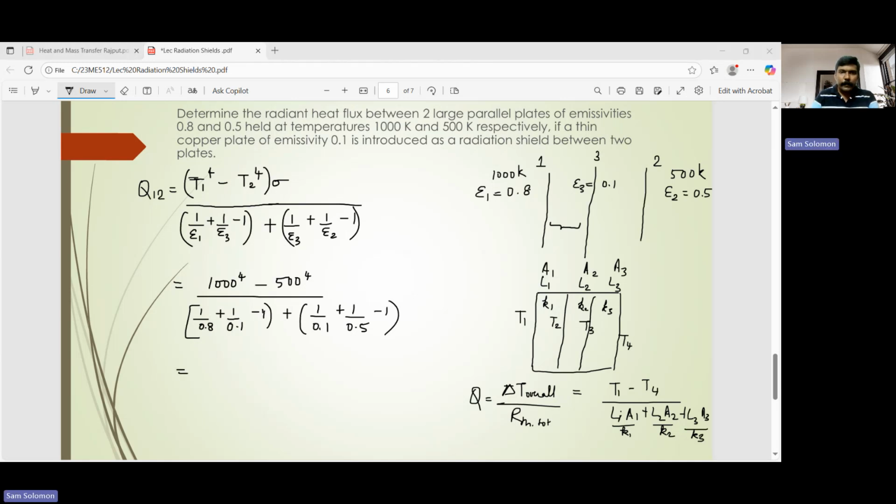So if you use the calculator for this, so that is 1000 power 4 minus 500 to the power 4, multiplied by 5.67 into 10 to the power minus 8, divided by 1 by 0.8 plus 1 by 0.1 minus 1 plus 1 by 0.1 plus 1 by 0.5 minus 1.